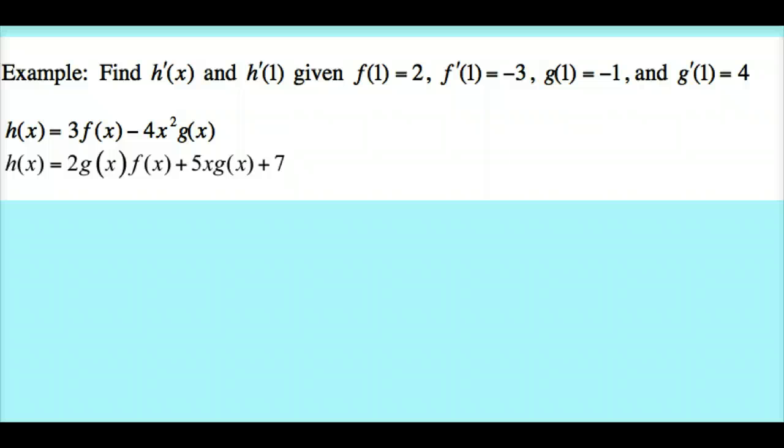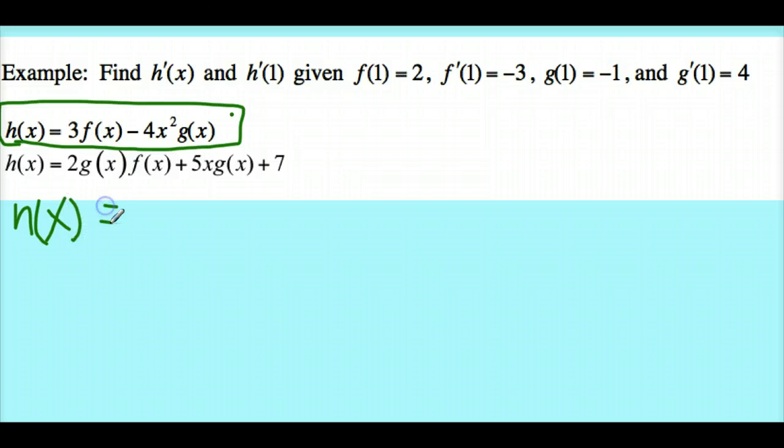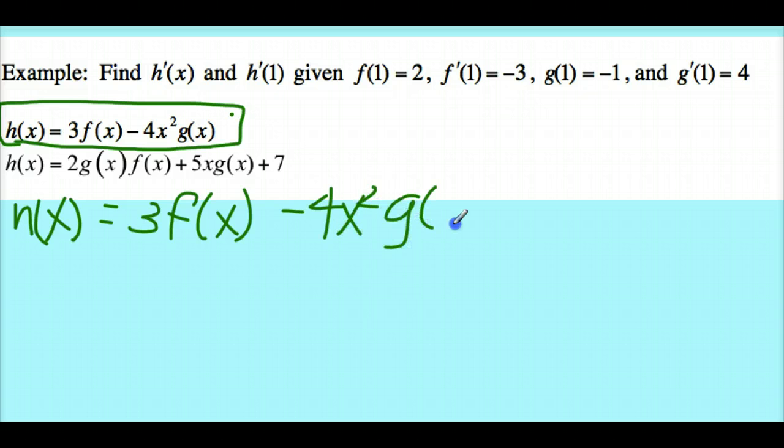So let's start off with the first one right here. I'm going to take the derivative as if I already knew what these functions were. I'm going to rewrite this just to be clear: 3f of x minus 4x squared g of x.